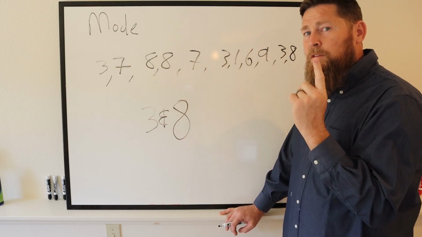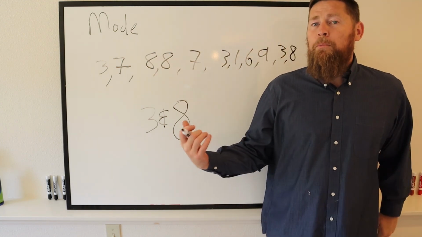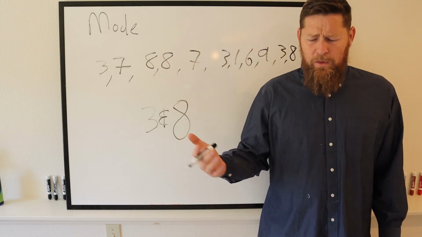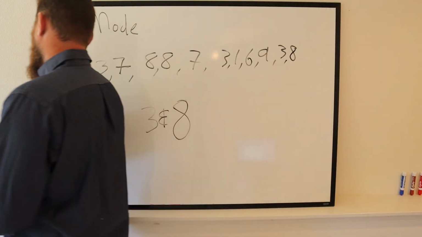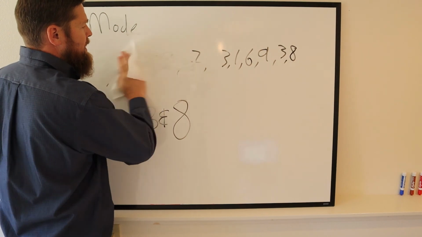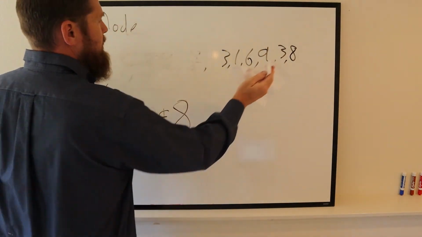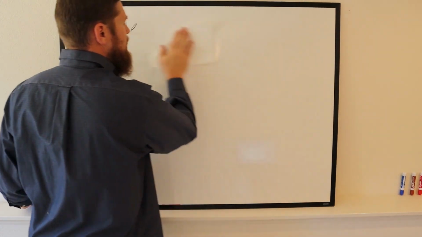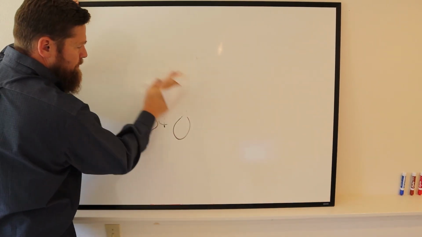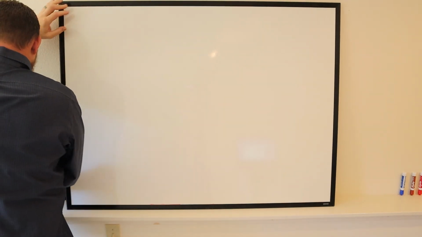Unimodal distributions mean there's only one, and that's what we'll see when we go to the normal curve. Bimodal distribution, I'll give you an example of that. Oftentimes, you know, we looked at the scores on histograms, like what normal scores would be like on my exams, for the demonstration of a histogram.